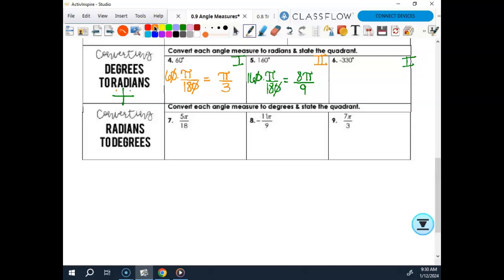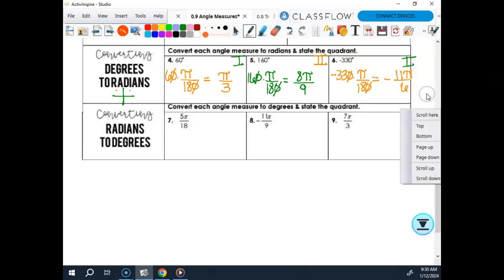All right, so then we're going to have negative 330 times pi over 180. Once again, I can cancel those zeros out. I know my answer is negative. What are 33 and 18 both divisible by? 3. So this is going to give me negative 11 pi over 6. Can I reduce that anymore? Nope, that's my answer.